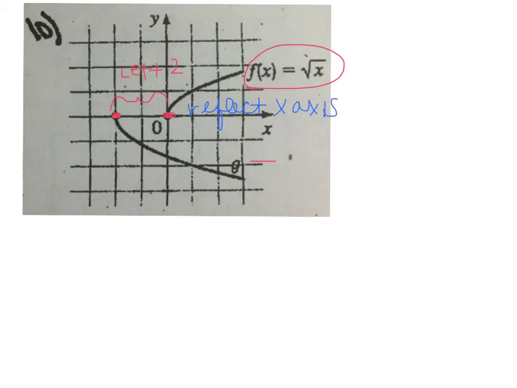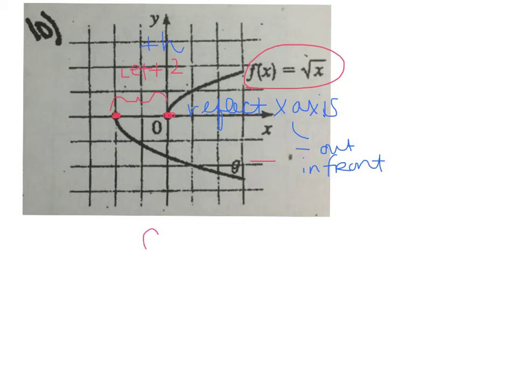Okay, so the reflect x-axis is really easy. This is the one where there's just a minus sign out in front. And then the left 2, that comes from the h. So that's like plus h over here. And remember, that goes inside with the x.